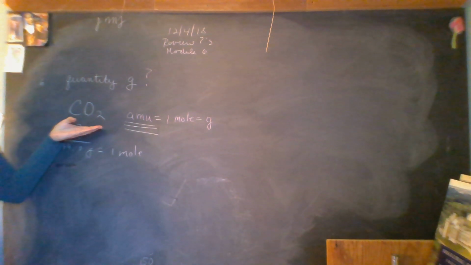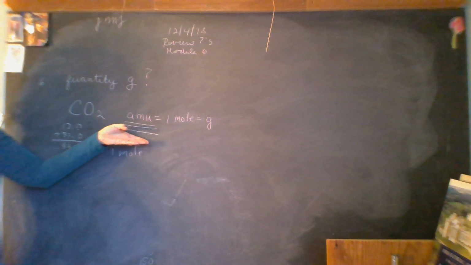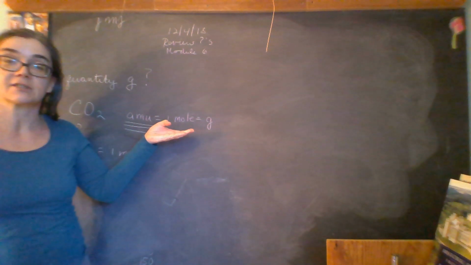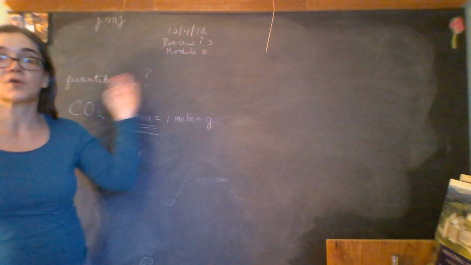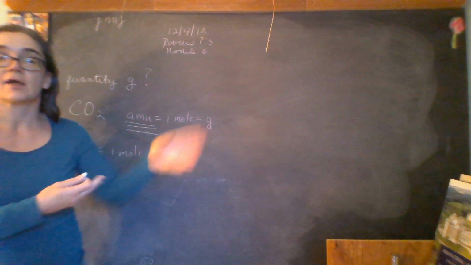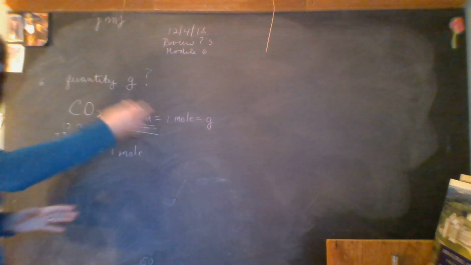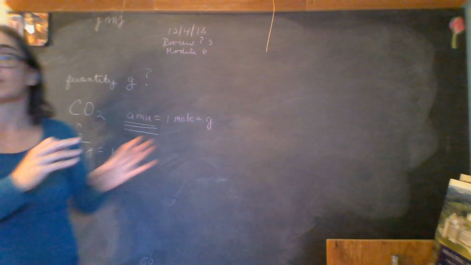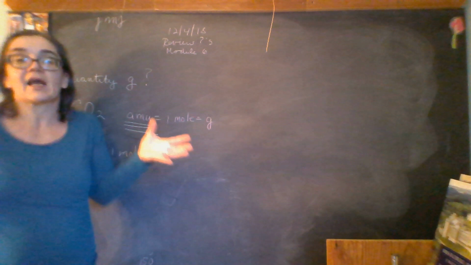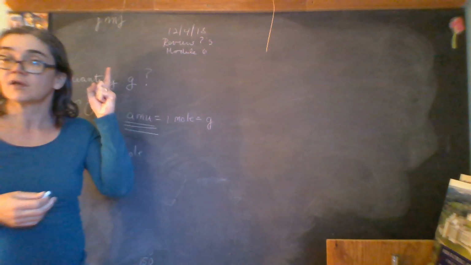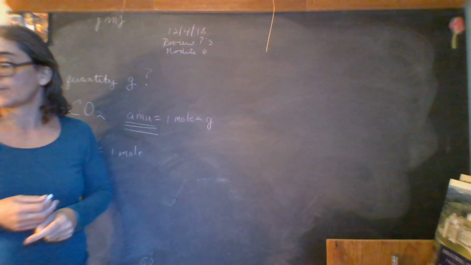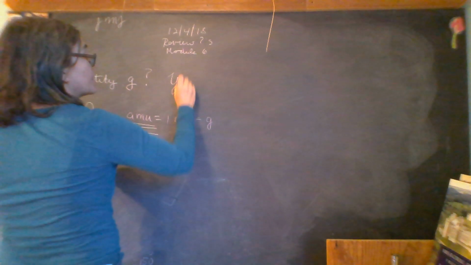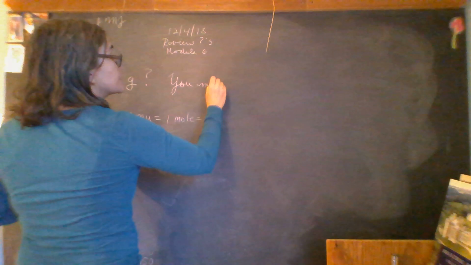Once you figure that out, you'll know how much in grams 1 mole of that substance is. And then using whatever your formula is, you can figure out how many moles or grams of other substances you need. You can figure everything out once you begin with the atomic mass. So you must figure the atomic mass.